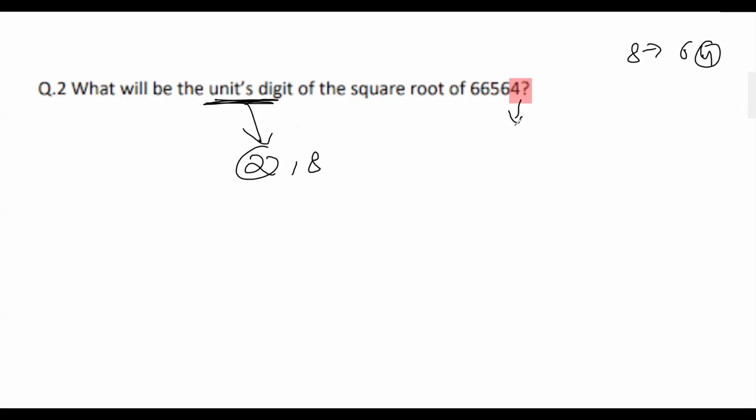Once again, we know that the square of 2 ends with 4 and the square of 8 also ends with the digit 4. So we have to find out the unit digit of the square root without actually finding the square root. There are two possible answers. It can be 2 or 8.